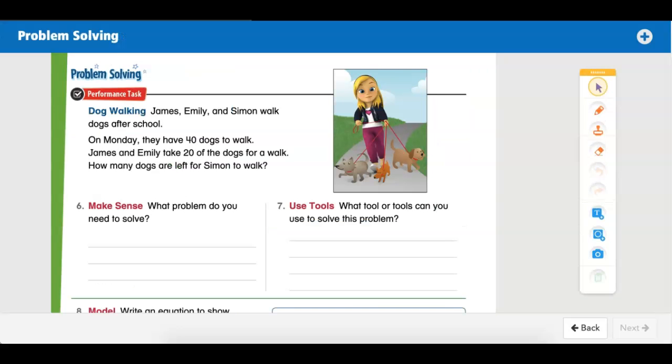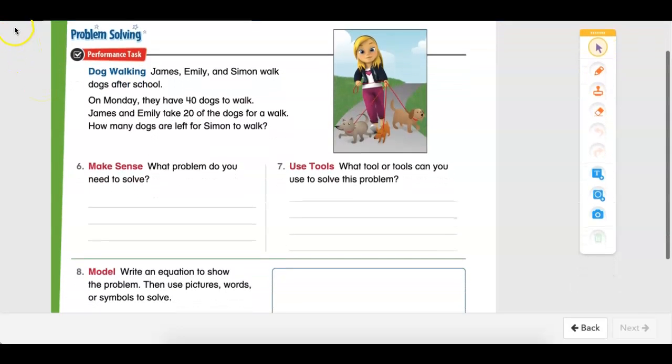For our last page, page 480, we are problem solving. We are going to be using our dog walking story to help us solve for problem 6, 7, and 8. It says dog walking.